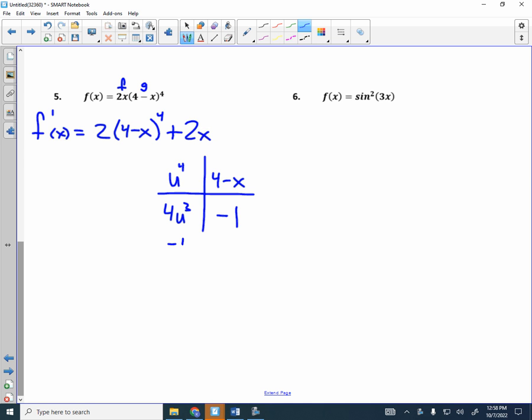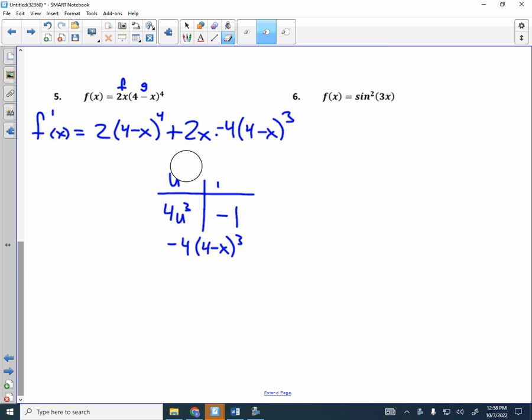So that would be a negative 4 times 4 minus x raised to the 3rd power. So that's taking the place of g prime. So this is f prime g plus f g prime. So I'm multiplying that times a negative 4, 4 minus x to the 3rd power.